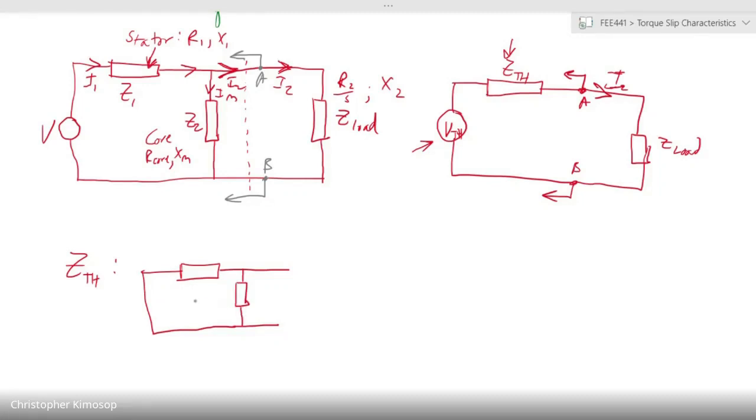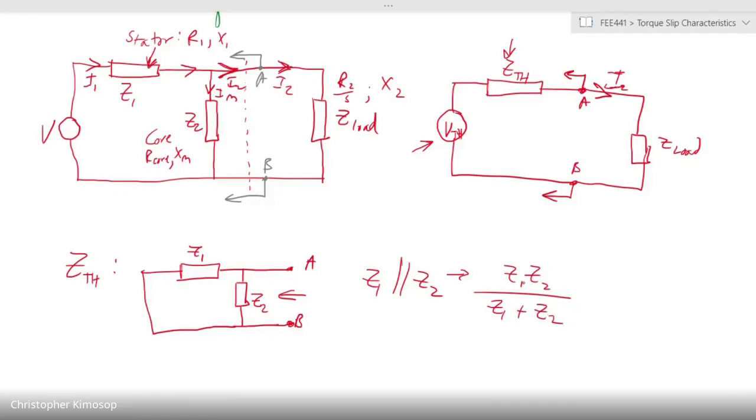You have a Z1 there and a Z2 there, and we want it to be equivalent to whatever is seen from point A and B. From this point, it appears that Z1 is parallel to Z2, which is given by, of course, the product rule, Z1 Z2 over Z1 plus Z2.